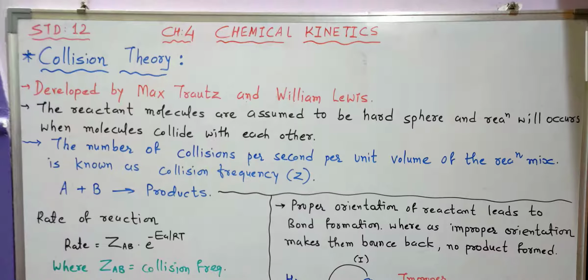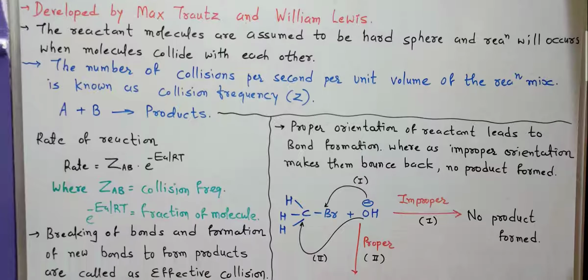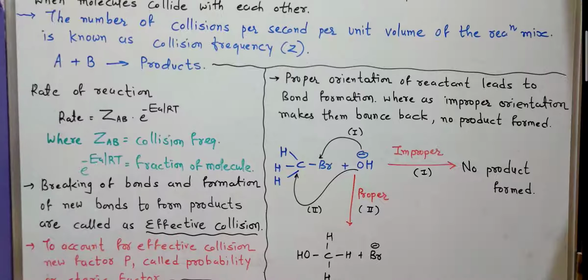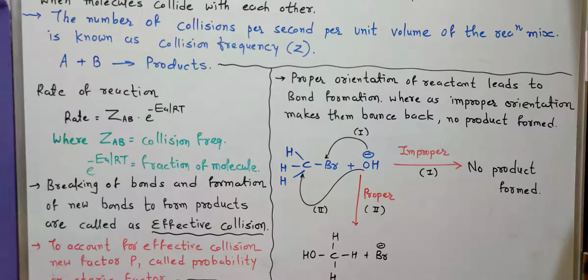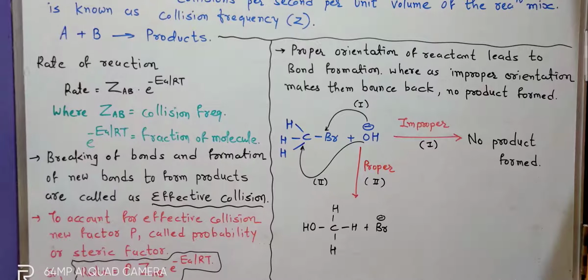So the rate of reaction according to this reactants rate is equal to ZAB into e raised to minus EA upon RT, where ZAB is known as collision frequency and e raised to minus EA upon RT is known as fraction of molecules.